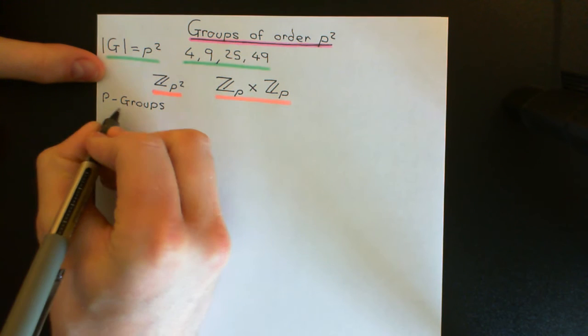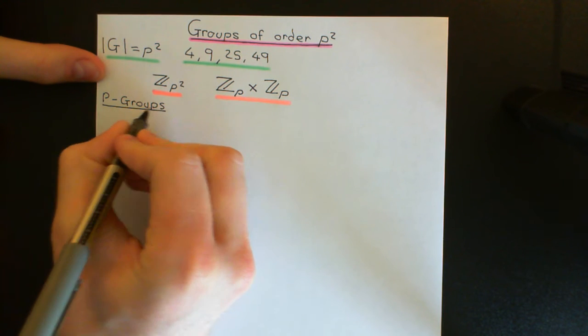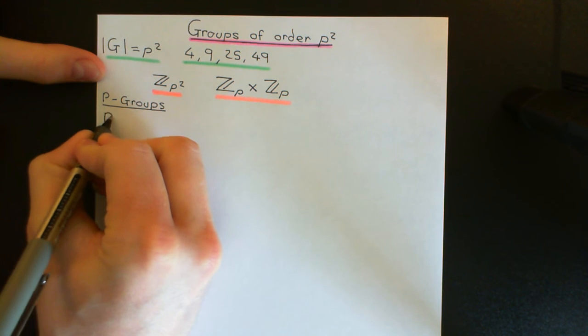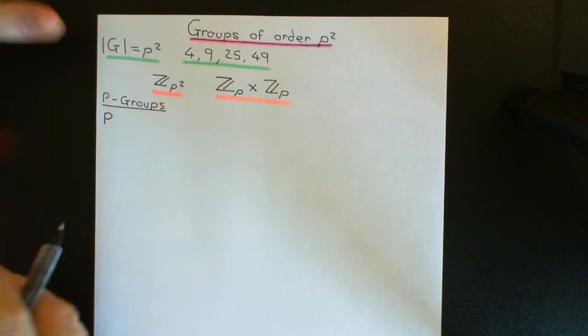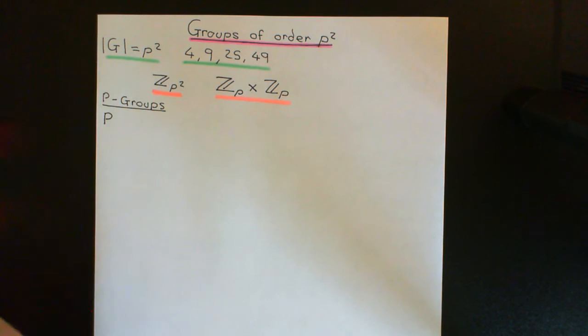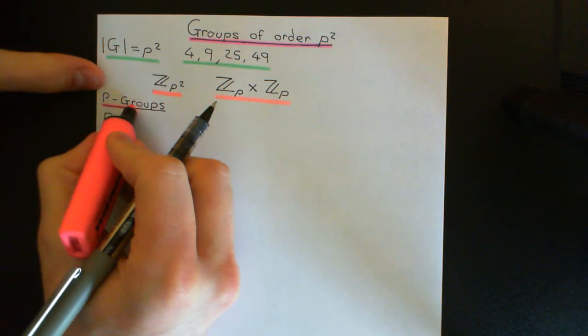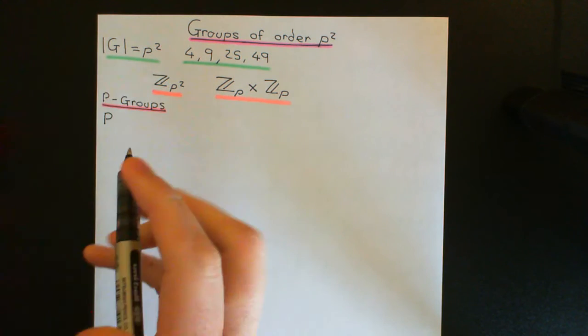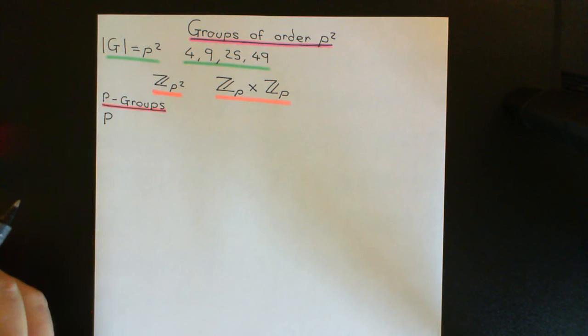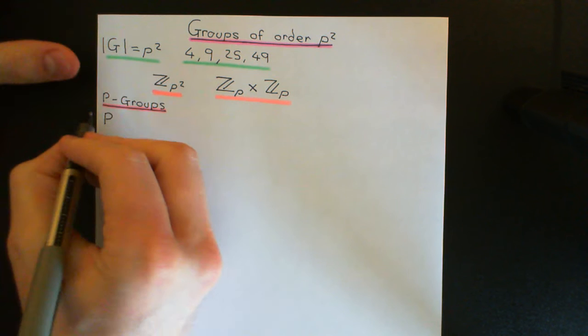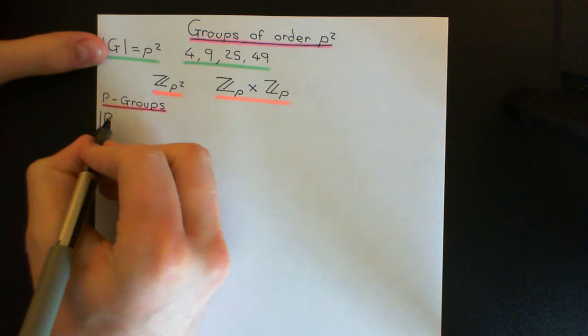So firstly, what is a P group? So a P group is usually denoted capital P rather than capital G. Okay, and it's any group that has order a prime natural number to a power of a natural number, not squared. Okay, so more general than a prime natural number squared.